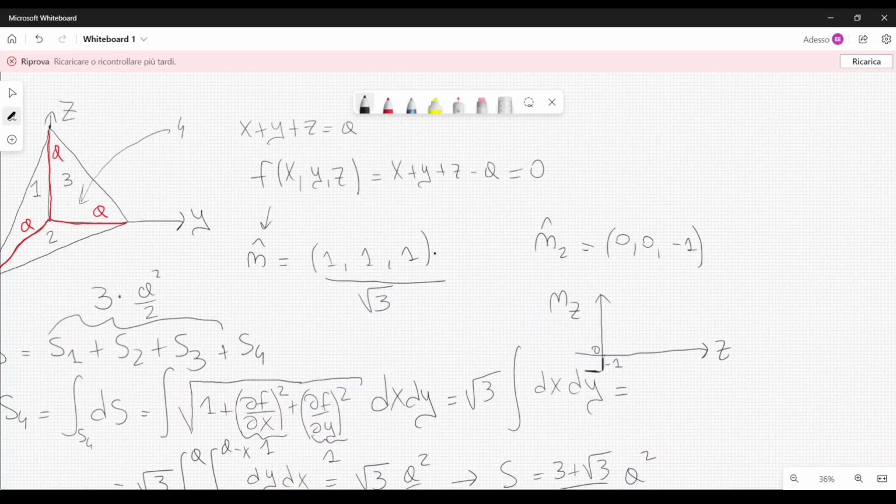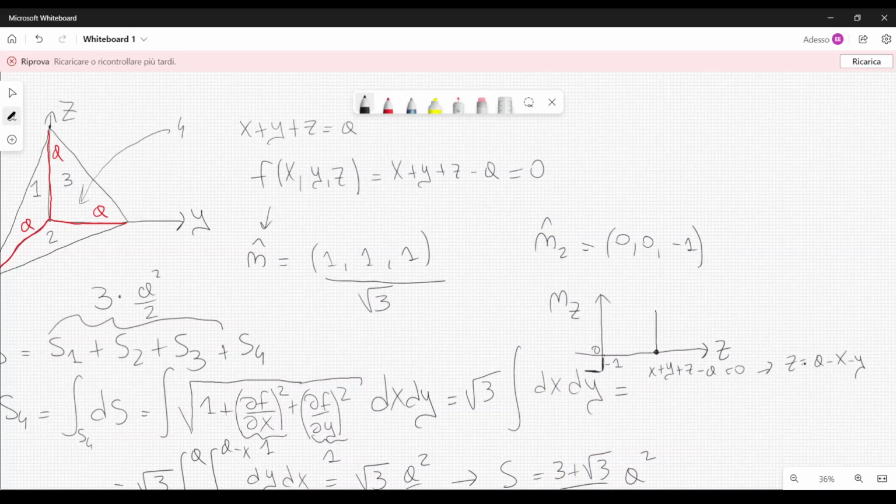And then, when this function here is equal to 0, we have that the z component of the normal is 1 over square root of 3. Right? So this is the difference with respect to the cube, because in this case, this point here is defined like this. It is such that x plus y plus z minus a is equal to 0, which means that z is equal to a minus x minus y.